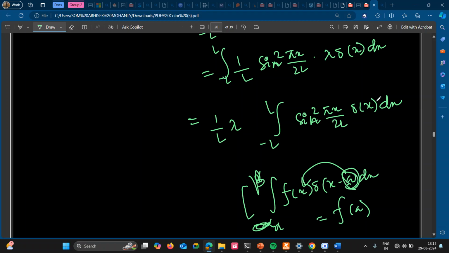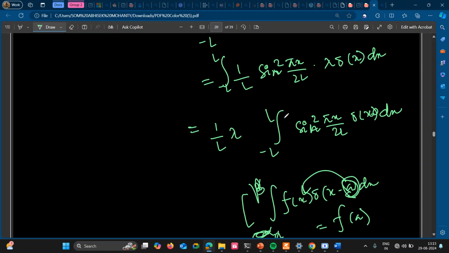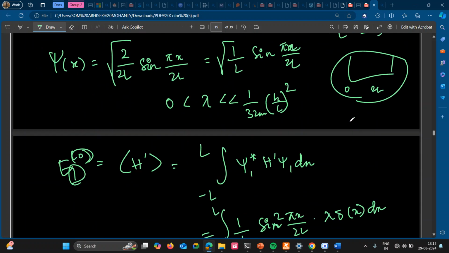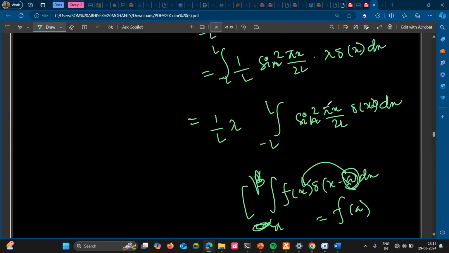Here x minus 0 is there, and 0 lies between minus L and L, so let's put 0 directly in place of x. So the integration becomes 0. Is it? Or did I make any mistake?